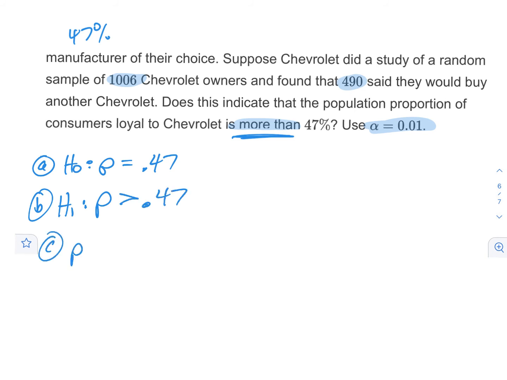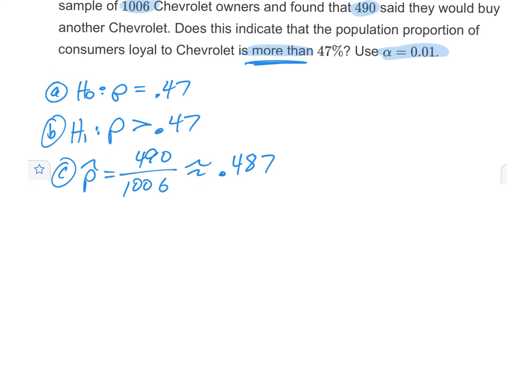Question C, find P hat. I'm not going to write the formulas this time, since I did it on the first example. It is 490 divided by the 1006, which gives me 0.487. Remember, 3 decimal places for P hat.